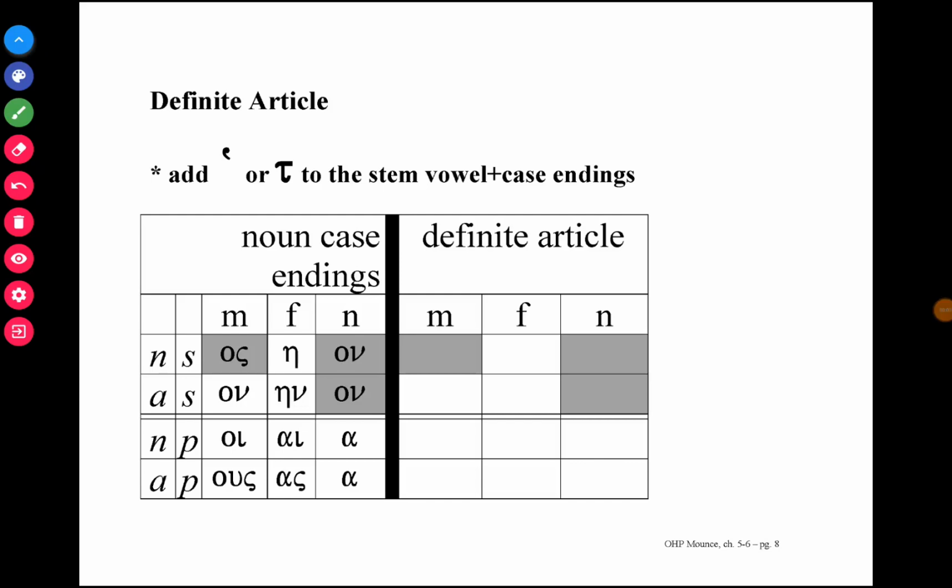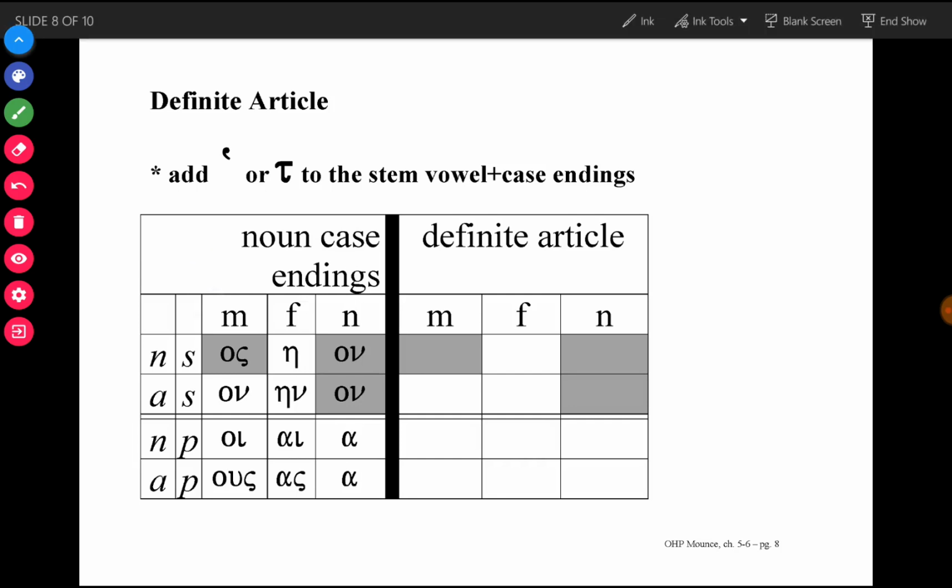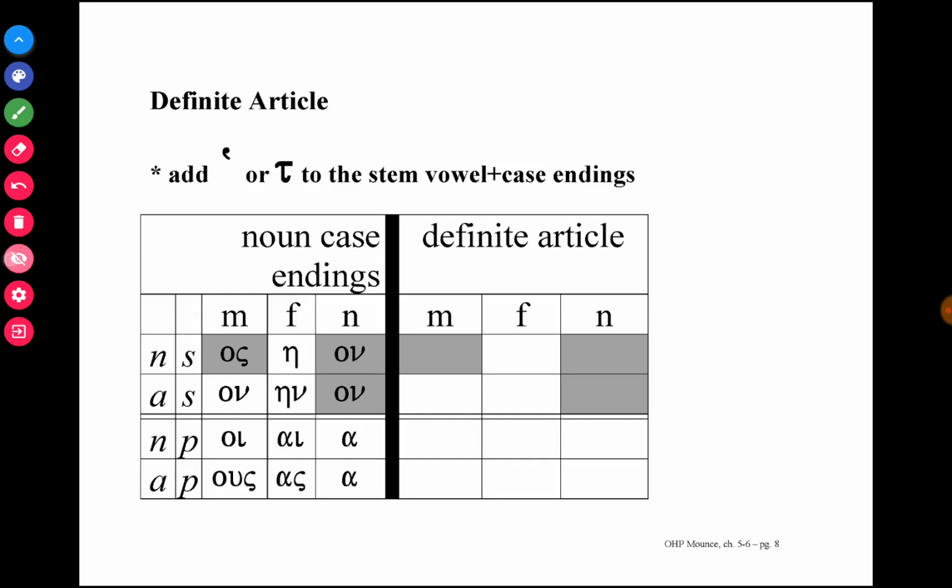Now, we're at the last part of our grammar lesson for this module, and that's the definite article. In many ways, you might not realize it as we were going along, but you were learning the definite article as you were also learning the case endings. So let's review the noun case endings again. Remember that the masculine case endings for a word like logos are os, on, oi, us.